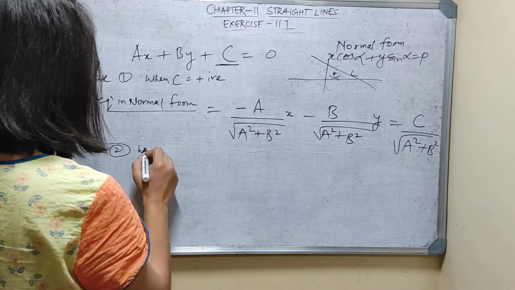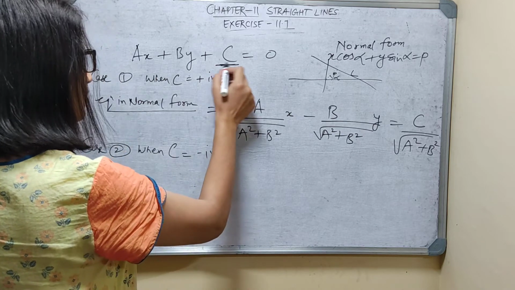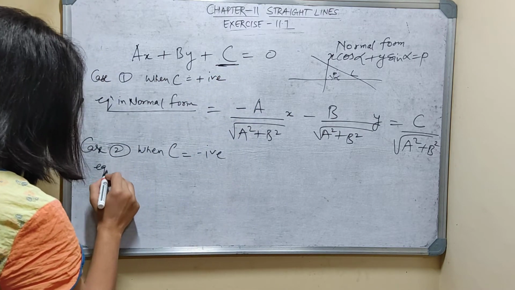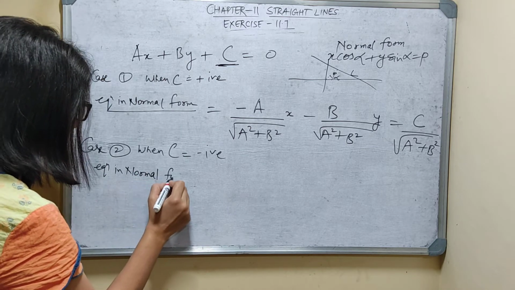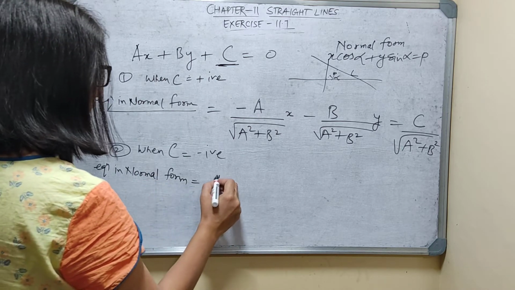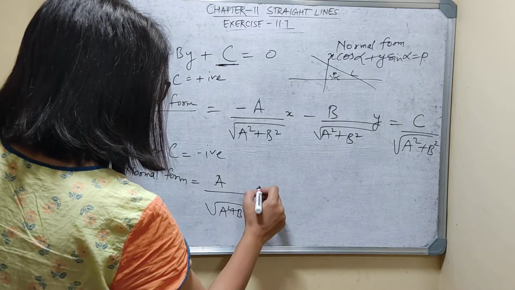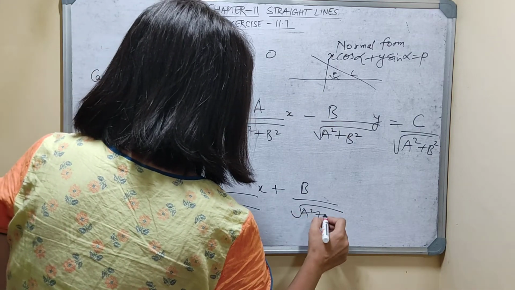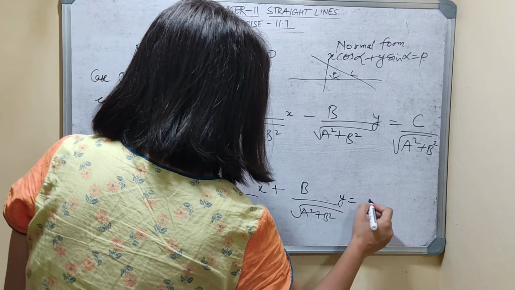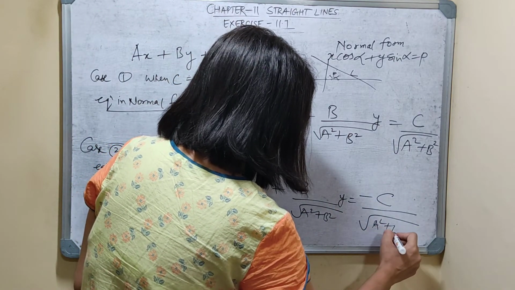Case number 2: when c is negative. In this equation, c is negative, so the equation in normal form will be a upon root of a square plus b square into x plus b upon root of a square plus b square into y is equal to minus c upon root of a square plus b square.